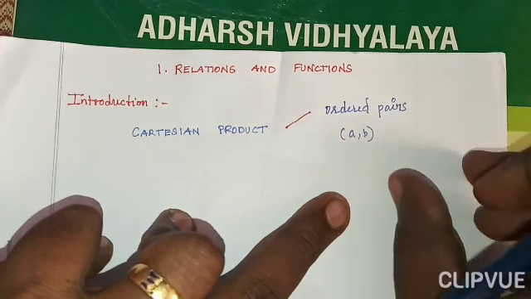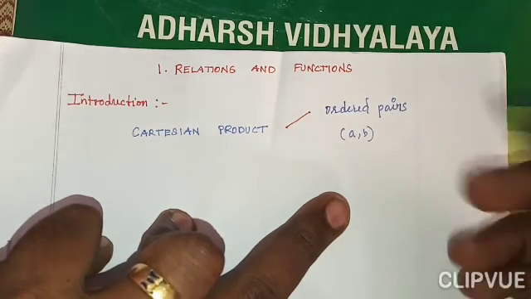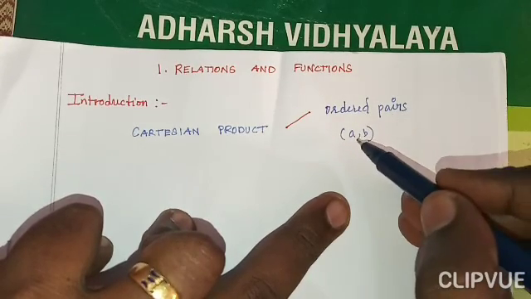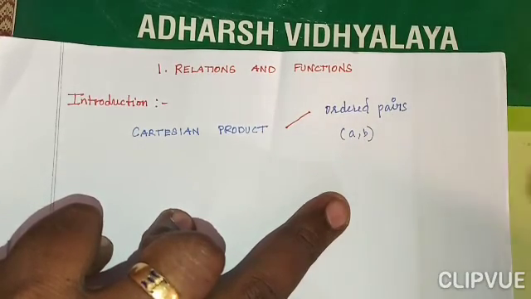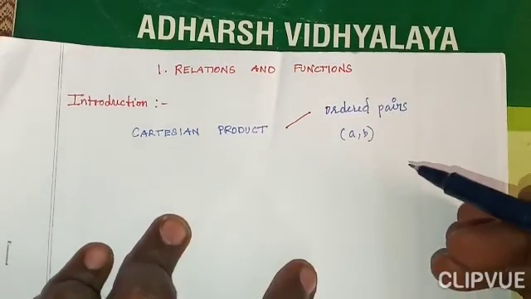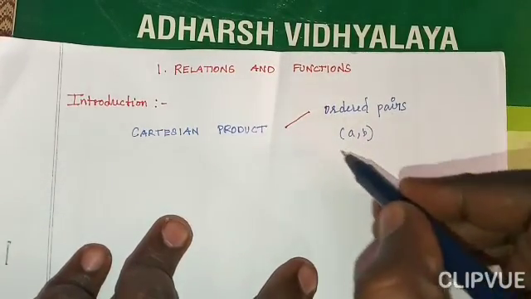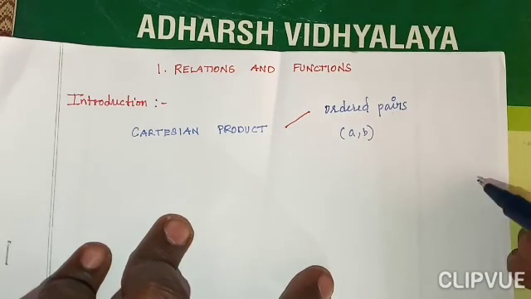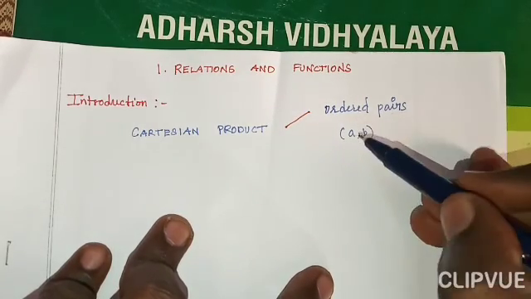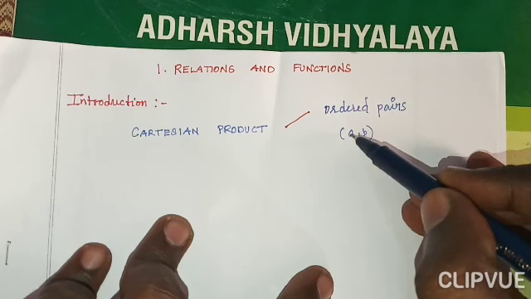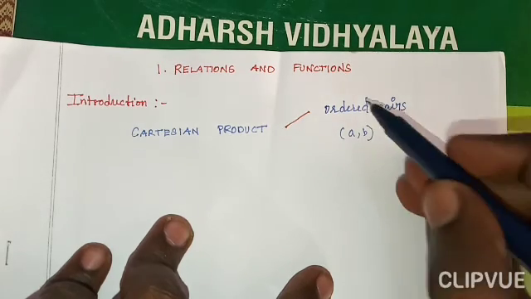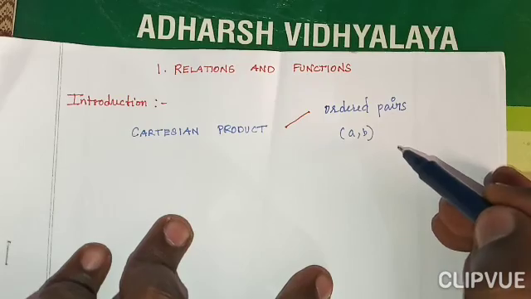On the Cartesian sheet, if you take the point (1, 2), the first one belongs to the x-axis and the second belongs to the y-axis, as you know very well. So if you plot a point on the Cartesian sheet, the first one represents the x-axis, the second one the y-axis. This is called an ordered pair.